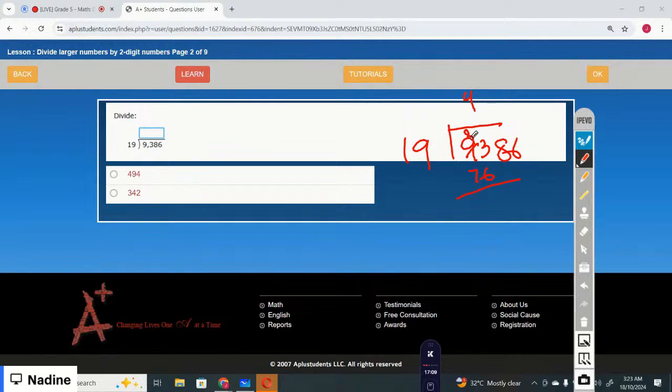13 take away 6 is 7. 8 take away 7 is 1. Bring the next digit down, that is 108. Now we can go for 19 times 9, that is 171. So 7 take away 1 is 8, take away 1 is 7, and bring 6 down. So we go for 19 times 4.